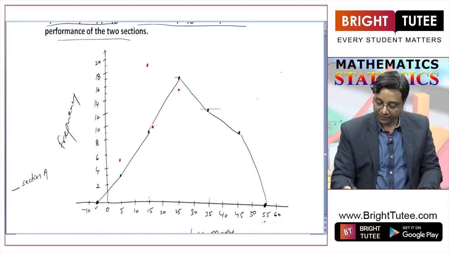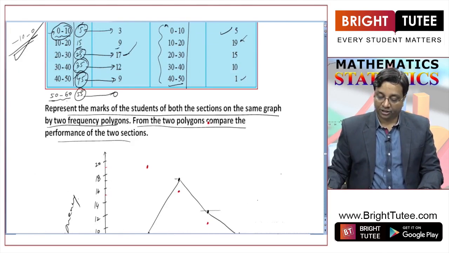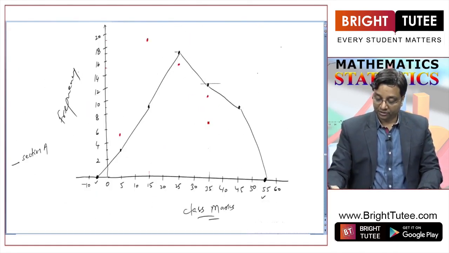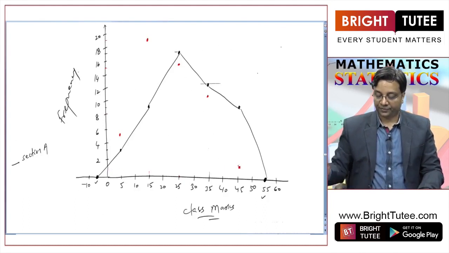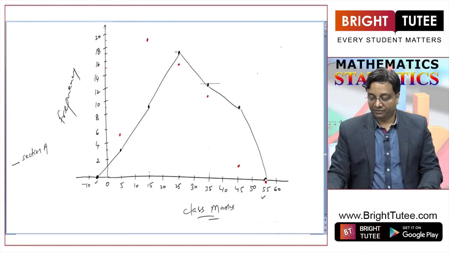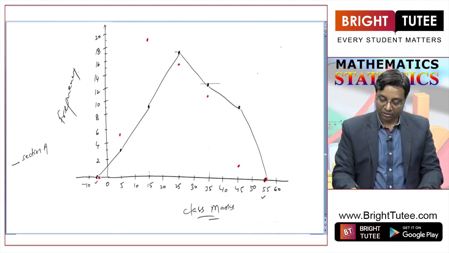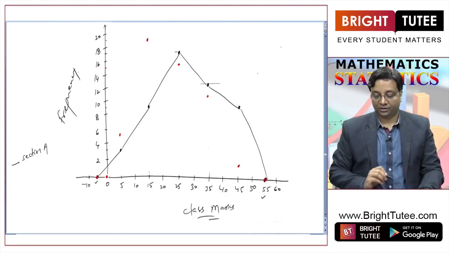So it will be somewhere here. And corresponding to next class mark 45, we have got frequency 1. So this will be here. Okay, and corresponding to 55, we again have frequency 0, and corresponding to -5, we have got frequency 0.